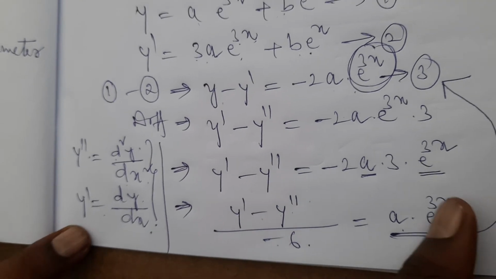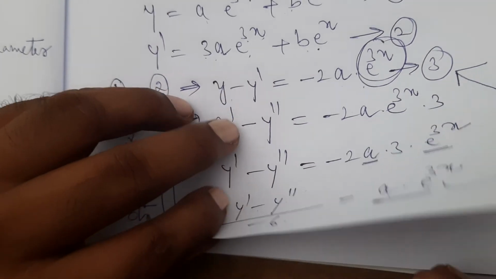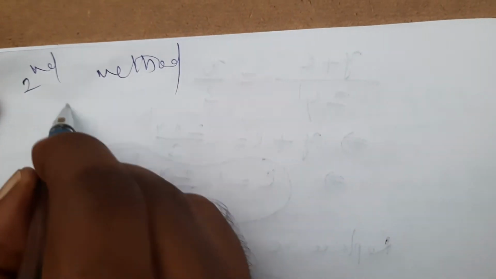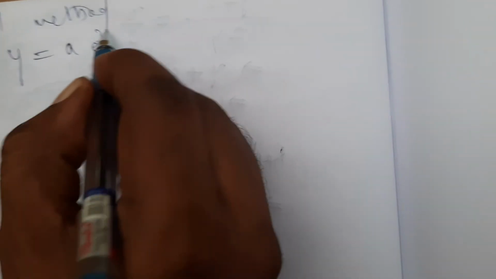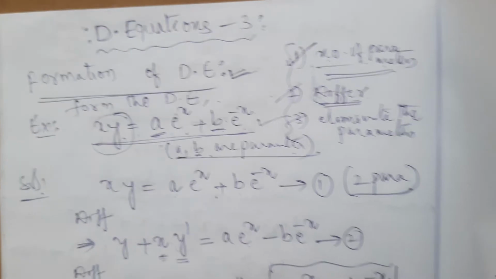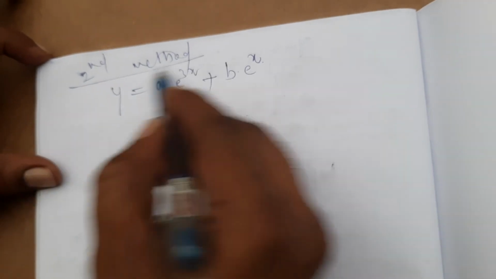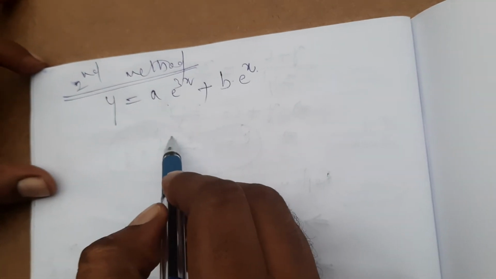Now the same problem I will explain by one more method, the second method. What is the given equation? Form the differential equation for y equals a e power 3x plus b e power x. The previous method was two times differentiation.